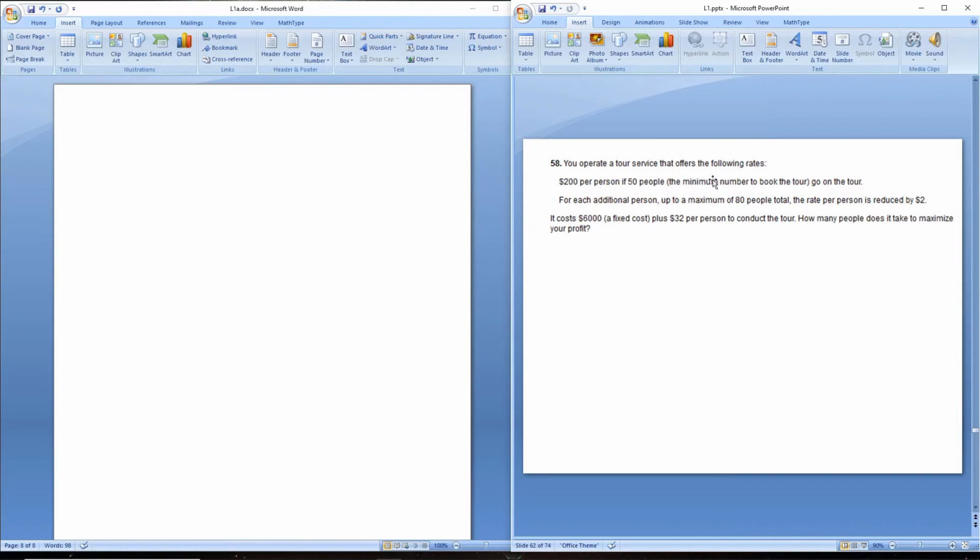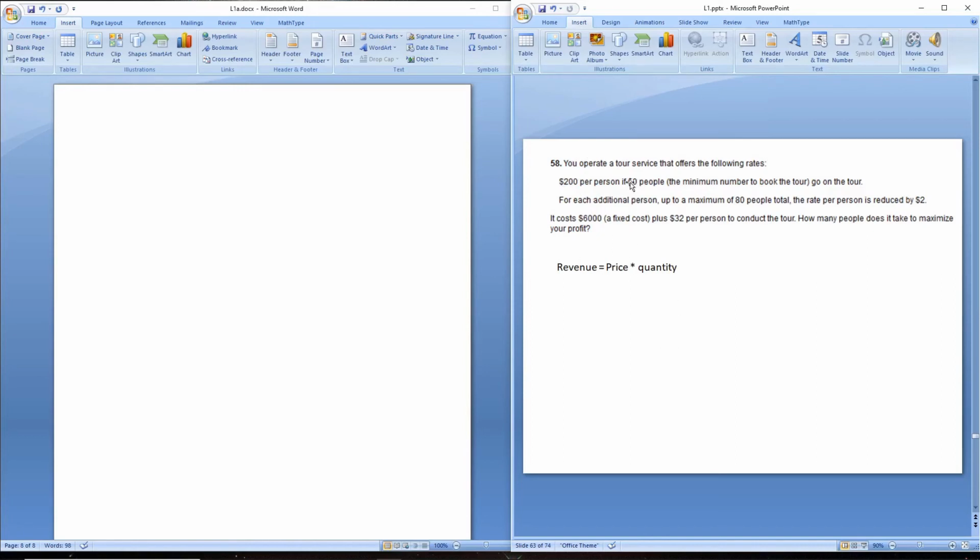And we want to figure out how much money we actually get. So the money that you pull in is called revenue. That's what you pull in. And revenue is price times quantity. So for instance, if you had 50 people at $200 a piece, well, how much money is it? You'd multiply that together, 50 times 200 to get your $10,000.